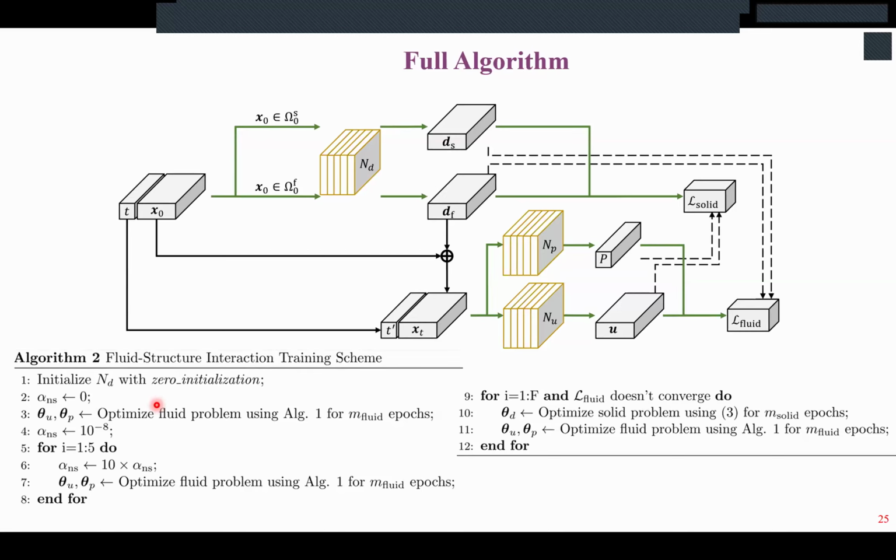Is there any analog to these kinds of iterations in traditional numerical methods like finite element? I mean, solve for the solid and then solve for the fluid, or is it just something you came up with? I think there are both. There are some works that simultaneously solve the two problems.